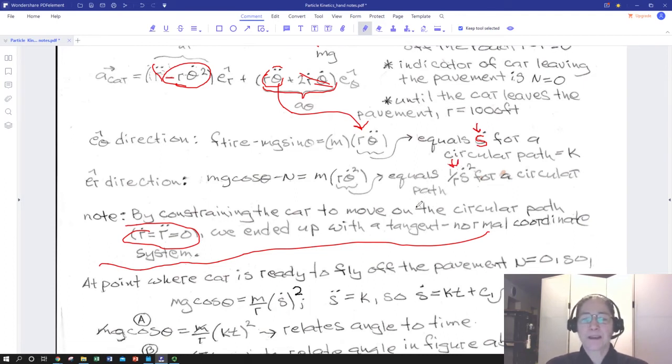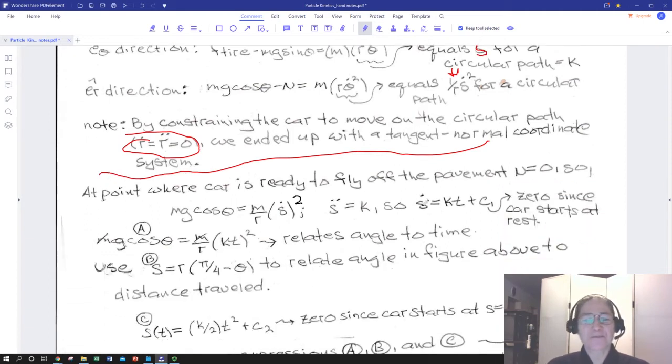Okay, now I'm going to invoke what it means for the car to fly off the road. This is truly the crux of the problem. When the car is just ready to lift off the pavement, we'll assume that it has actually come off the pavement by a differential radius bit, a dr. Because this dr is infinitely small, it's still on the circular path at that point, so all of our equations of motion apply, but because it is not actually in contact with the circular path at that point, there's no normal force.